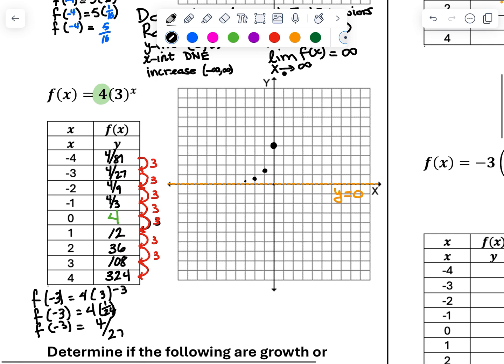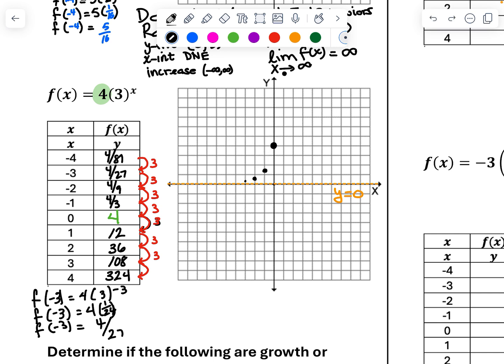So again, this graph is going to be very, very close to the x-axis, but it's never going to touch the x-axis. So it's going to go like this. It's not a very good graph. See if I can hit those dots a little better.